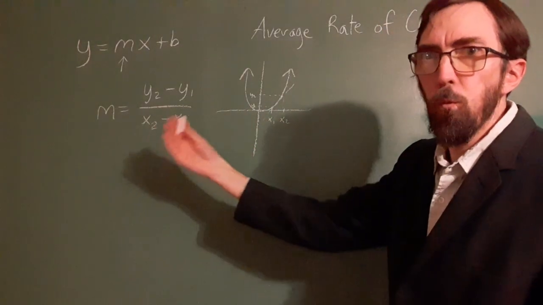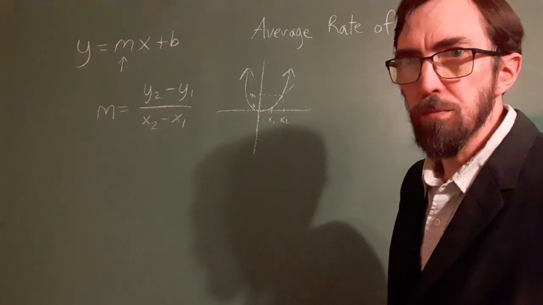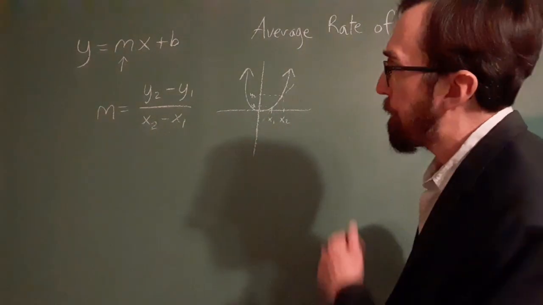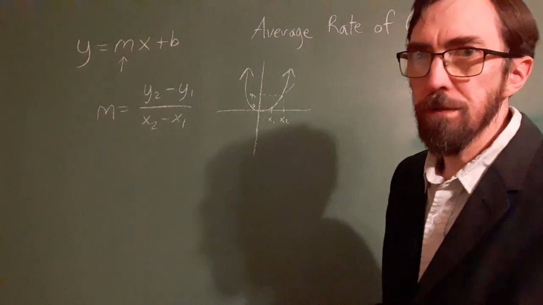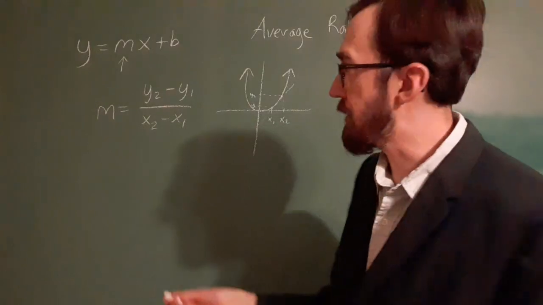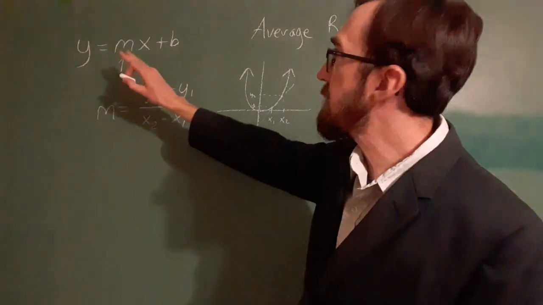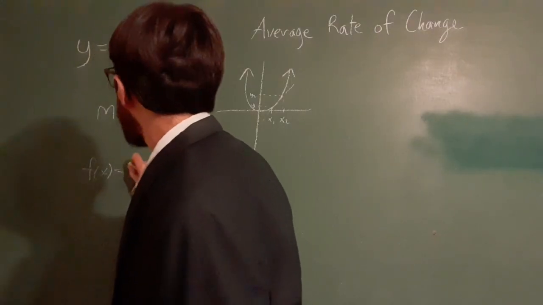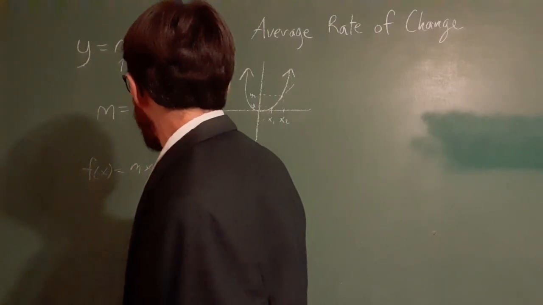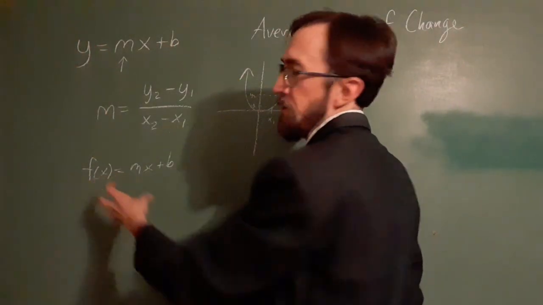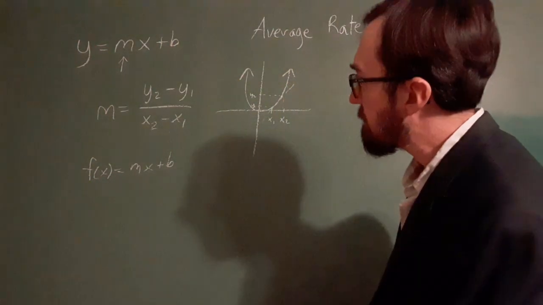So let's make one more step away from Algebra 1 into the realm of Algebra 2. In Algebra 1, you are probably eventually introduced to function notation, where they say, take away this y value, and we are going to call this f of x. So everything's the same except this y is substituted for f of x.